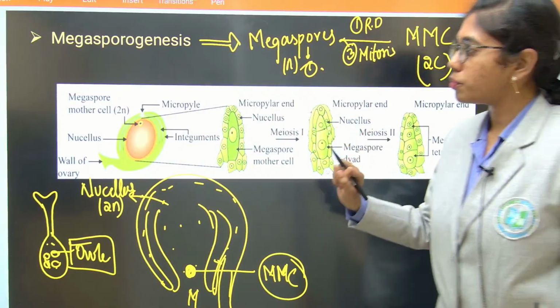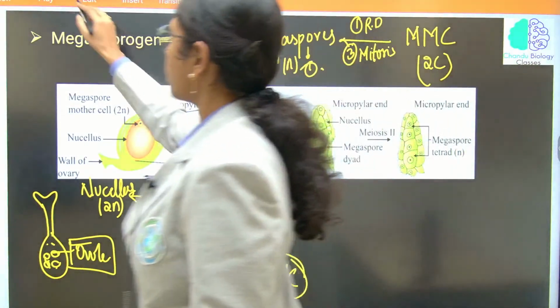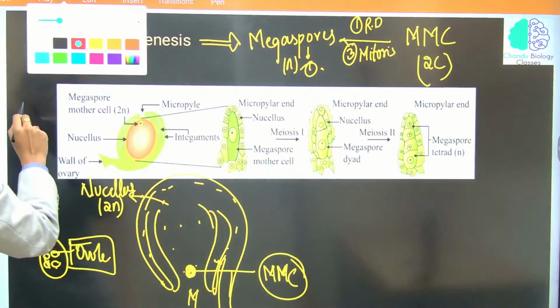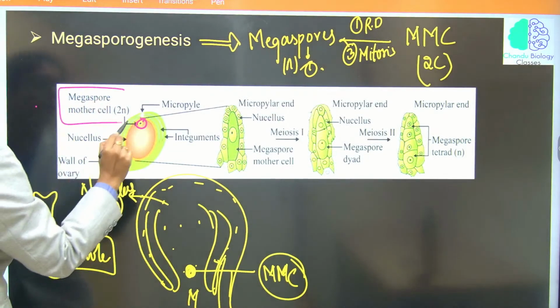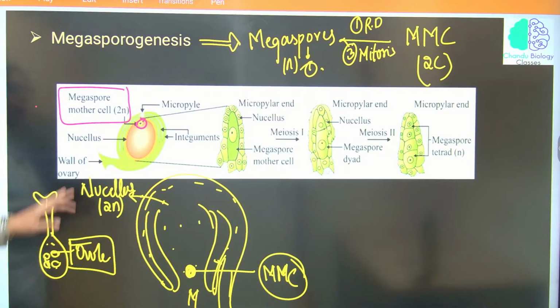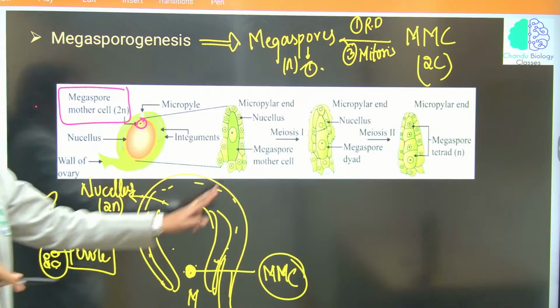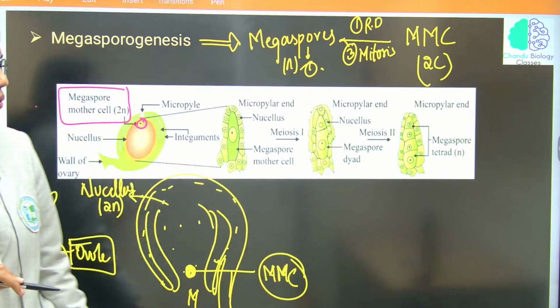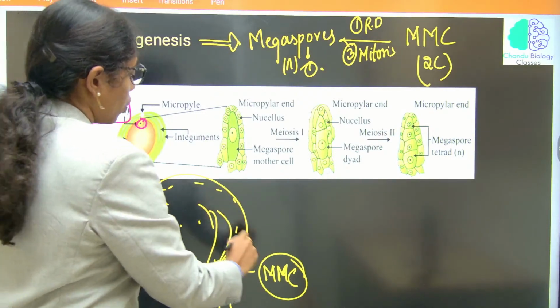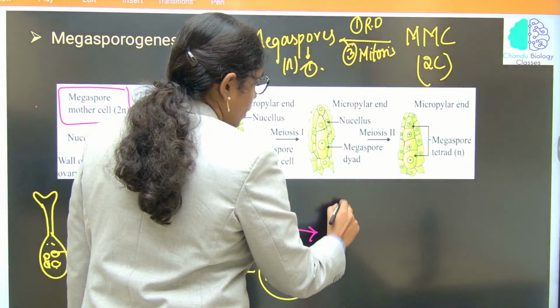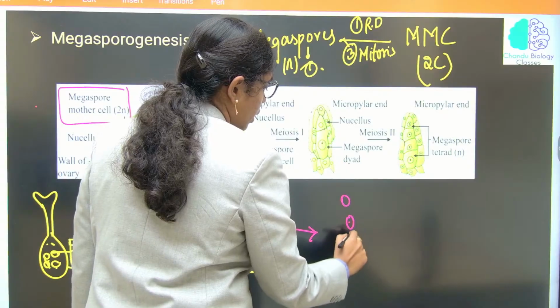Here, can you see in the diagram clearly? At the micropylar region one of the cells is differentiated into the megaspore mother cell, and after meiosis 1 and meiosis 2, 4 megaspores are formed. 1, 2, 3, 4.